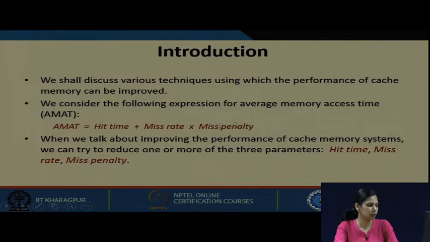So when we talk about improving the performance of this cache memory system, ultimately we need to reduce the average memory access time. So either we can reduce hit time, or we can reduce miss rate or miss penalty. So we need to see how we can take care to reduce all these parameters.